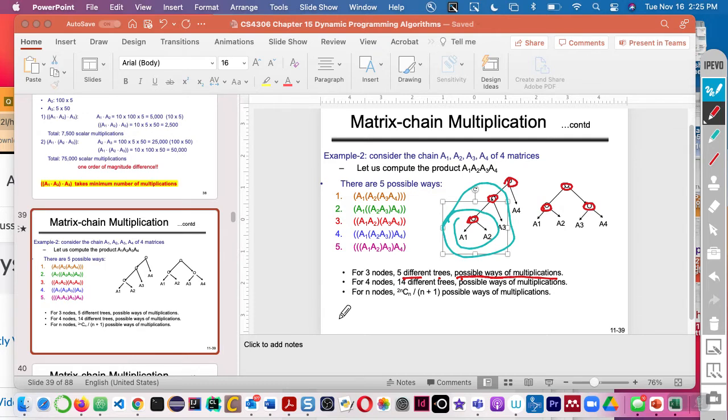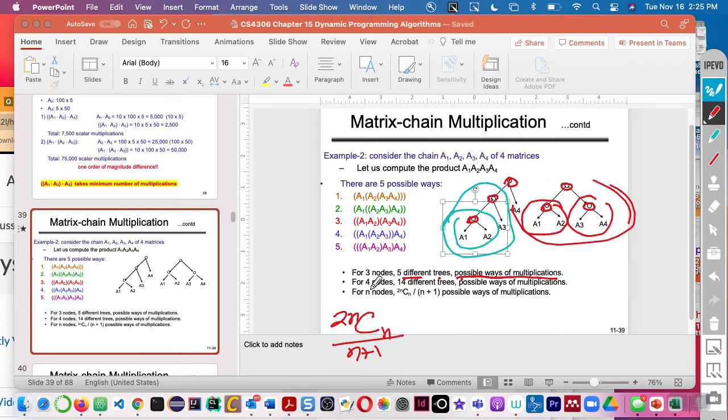And the formula is this: for n nodes there will be 2n choose n, divided by n plus 1, different multiplication formats, different trees. By looking at a tree, we can see which one will be multiplied by which, and the order of execution: this one first, then this one, and the result will be this one.